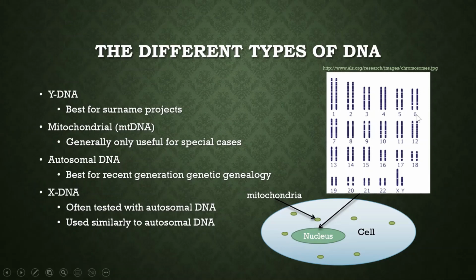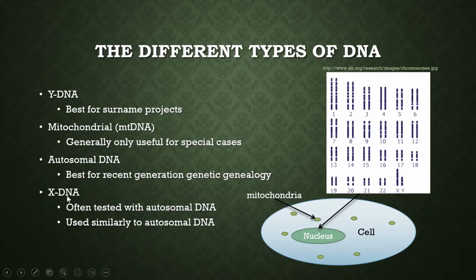Autosomal DNA is basically all of those other numbered chromosomes. So you've got a lot of those chromosomes. Those are inherited from all portions of your family, and you end up being best for doing genetic genealogy of relatively recent generations. So within 5 to 10 generations; if you get beyond around 10 generations, it's hard to use it much.